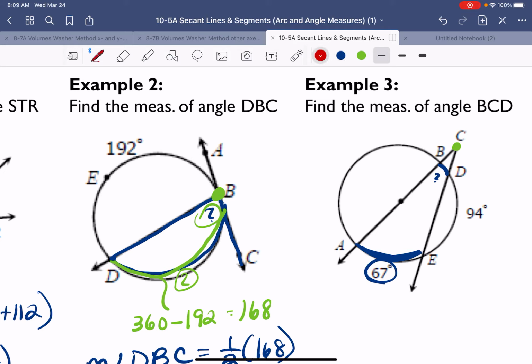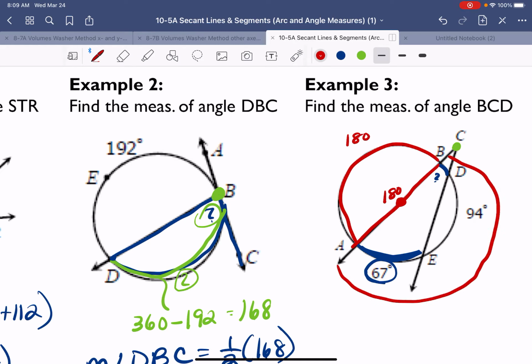One thing I can notice is that if I have a straight line right here, a straight line measures 180 degrees, and if that's crossing the center of the circle, then I have a central angle connected to this arc, which is also 180 degrees. That arc right there is 180 degrees as well.